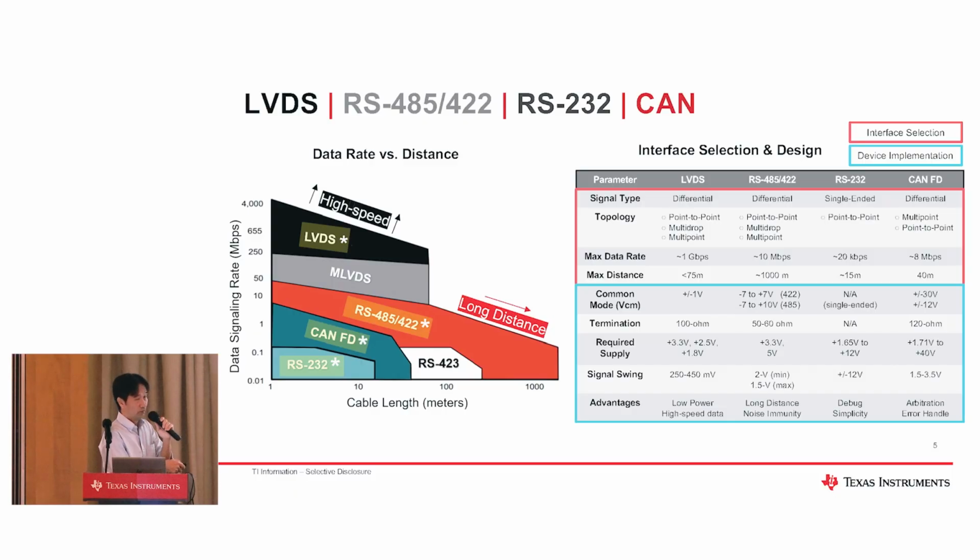So you will decide your interface based on this set of parameters. Once you decide the interface standard, you will move to the device selection and implementation. For the device implementation, the device needs to comply with the common parameters for each interface here. And this row shows you some advantages of each standard.